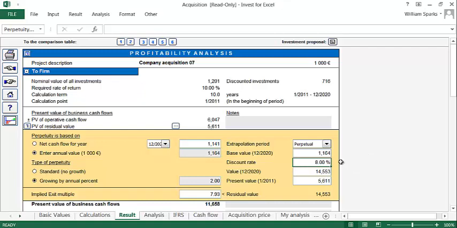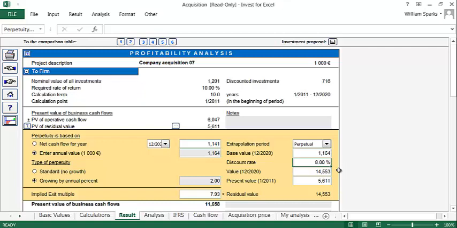It's really 10% discount rate, of course, but the terminal value is calculated using the Gordon formula, which is basically the cash flow per year divided with discount rate. So this would be 10% if there would be no growth, but when there's a growth, it's discount rate minus growth that the cash flow is divided with.